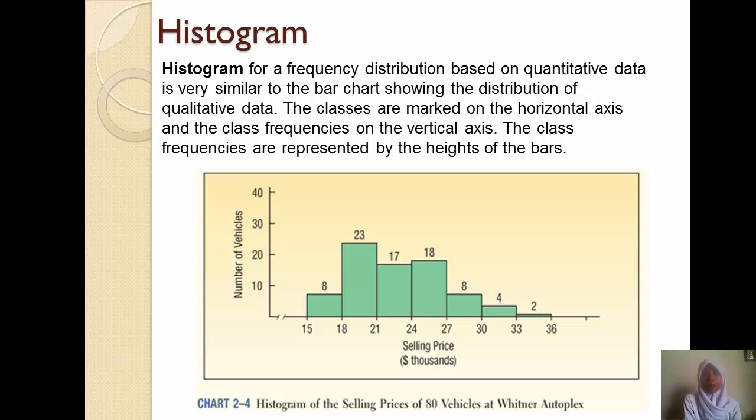The classes are marked on the horizontal axis and the class frequencies on the vertical axis. The class frequencies are represented by the height of the bar. For example, like this chart. The number of vehicles is vertical and the selling price is horizontal.